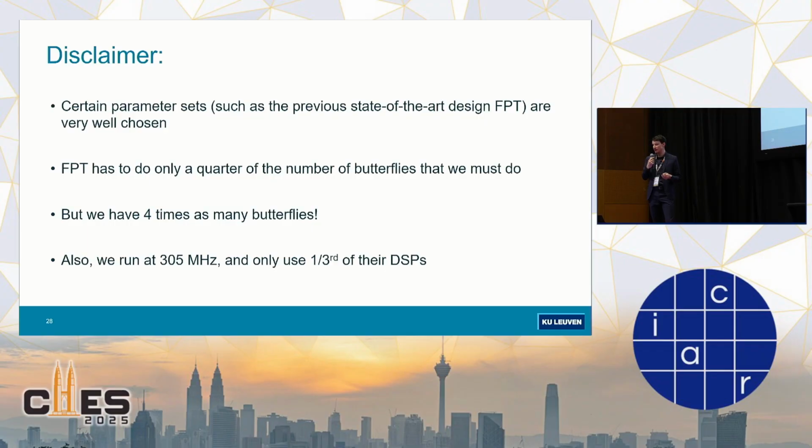Certain parameter sets of previous designs, like FPT, which is also known under the name VBTV, were very well chosen. So if you compare straightforward FINAL with the absolute best parameter optimized TFHE with all the tricks done, then that best parameter optimized TFHE is going to be better, because FINAL has not been updated for a little bit and the literature moves fast.